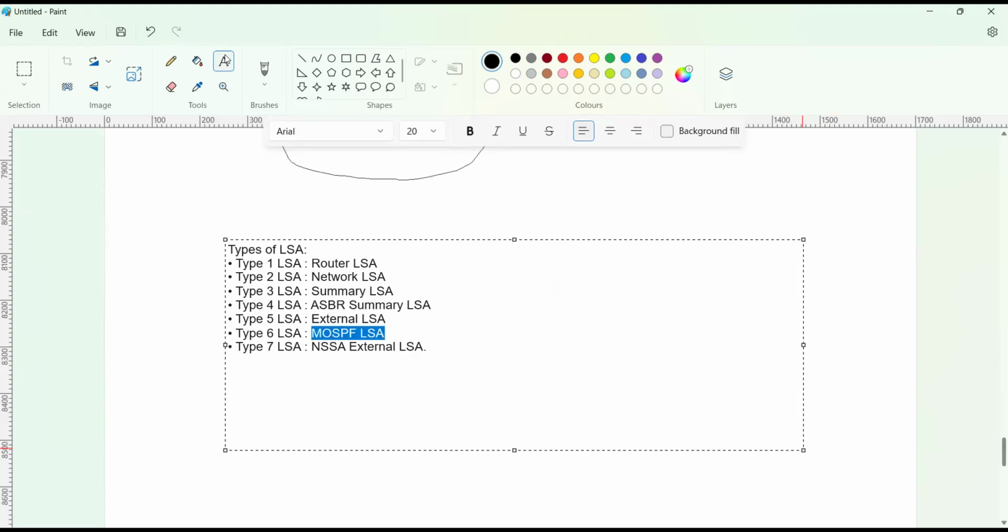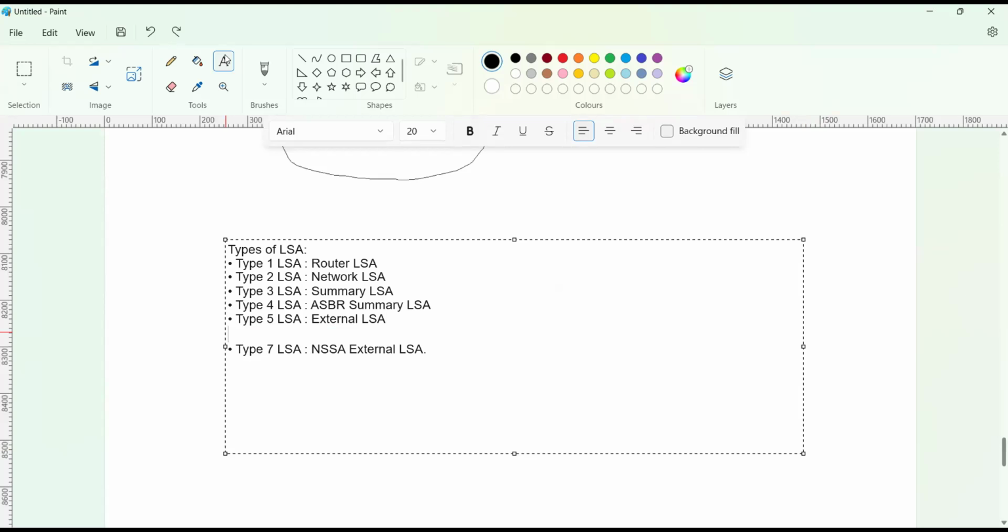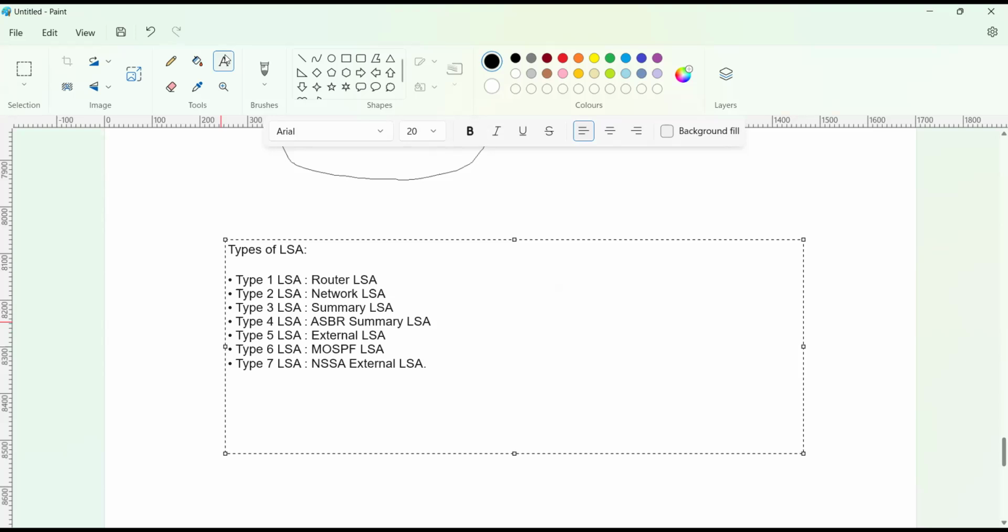We are not using type 6 either, because it is a multicast type. The first one is router LSA, then network LSA, summary LSA, ASBR summary LSA, external LSA, then the multicast LSA, and the not-so-stubby area external LSA.